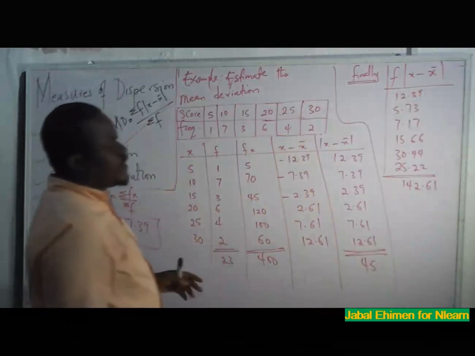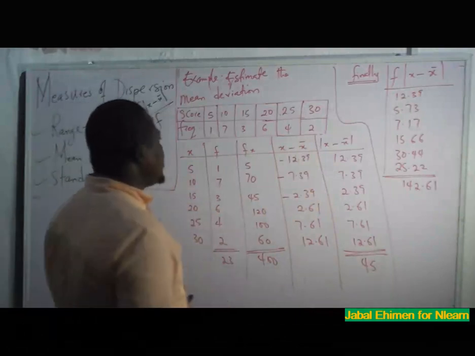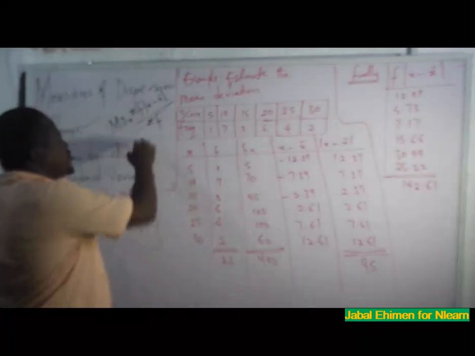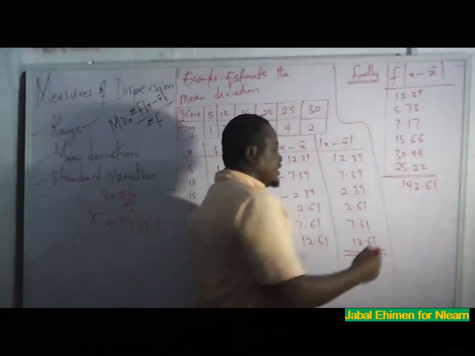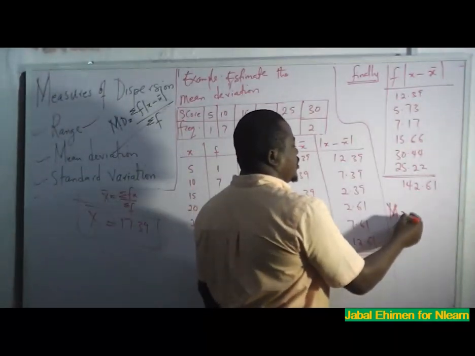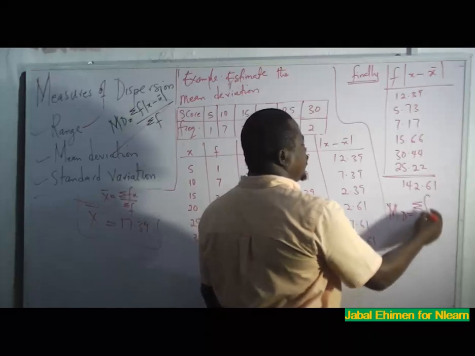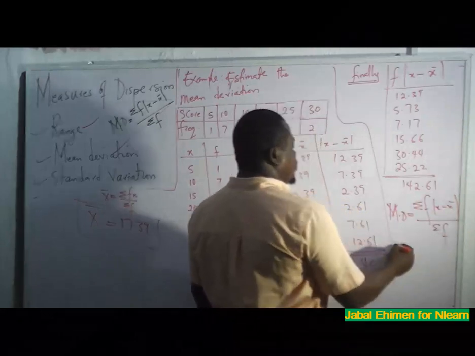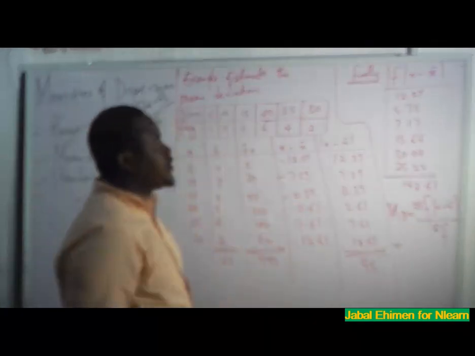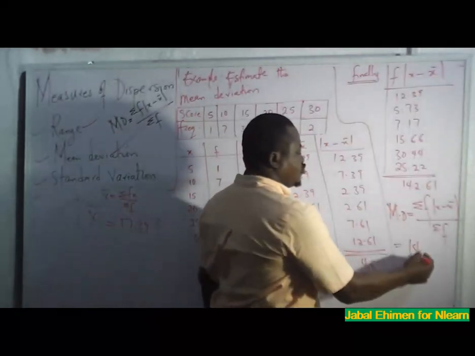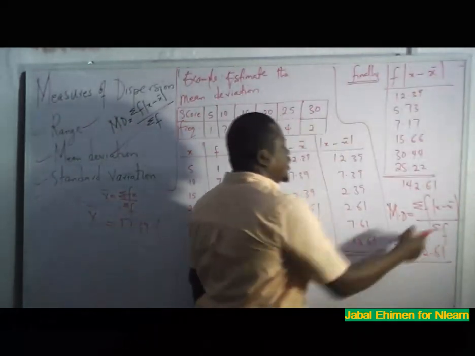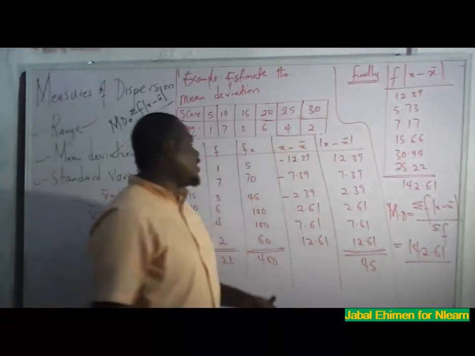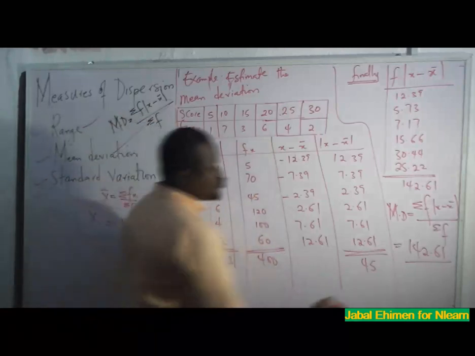142.61. So automatically now, what gives me my mean deviation? Now, what is the summation of all the f? The summation of all the f is 23. So automatically, my mean deviation, which I know is the summation of f times the absolute value of x minus x bar divided by the summation of f, becomes 142.61 divided by the summation of f, which as a value is 23.